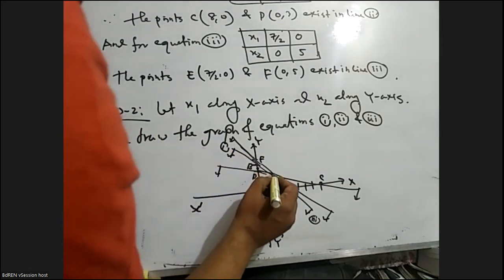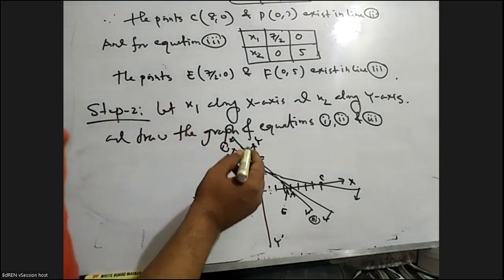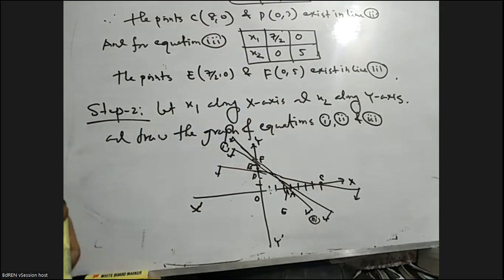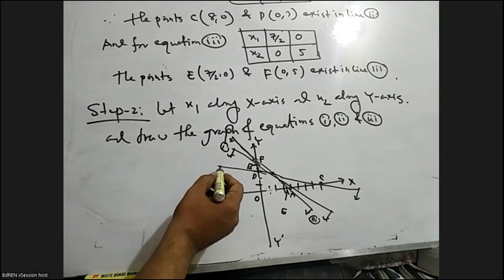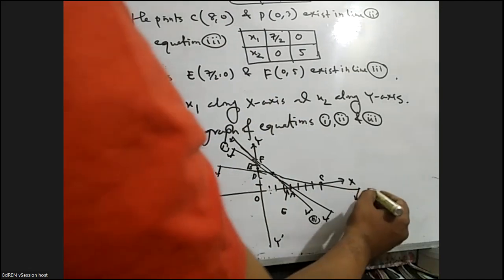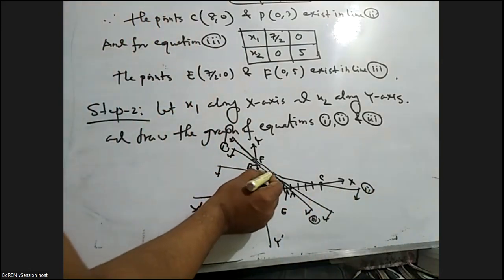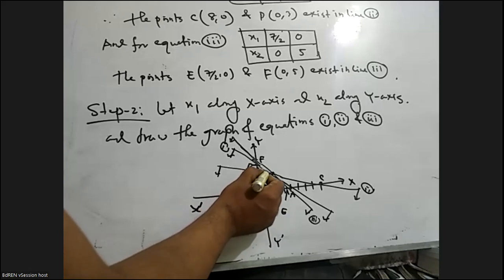In this feasible region we get 3 intersection points. One is line 1 and 2. Line 1 and 3, and this is line 2 and 3, and this is line 1 and 2.